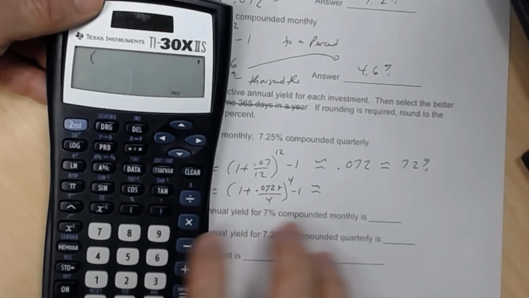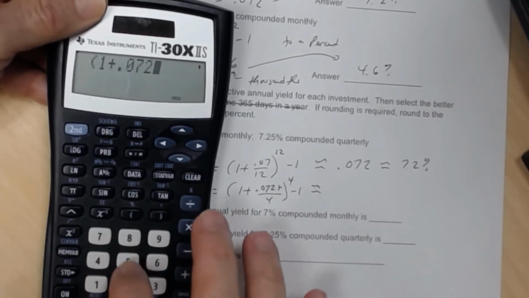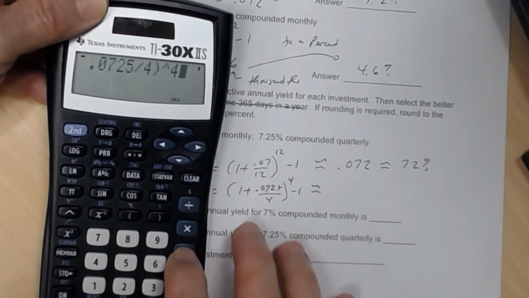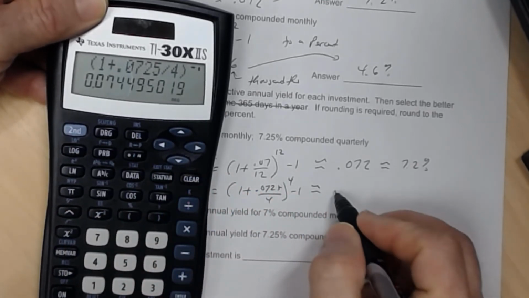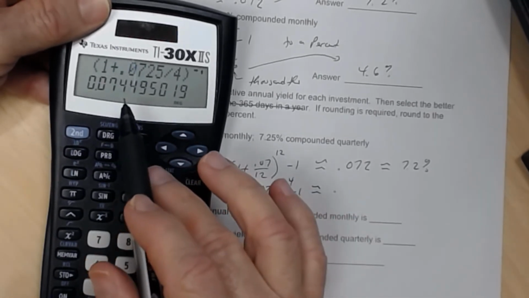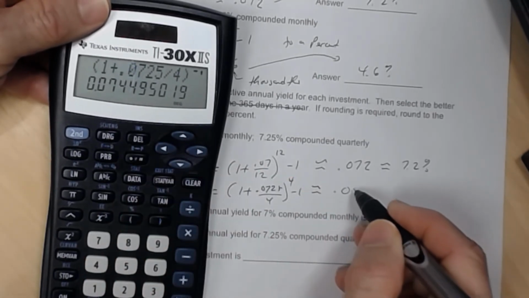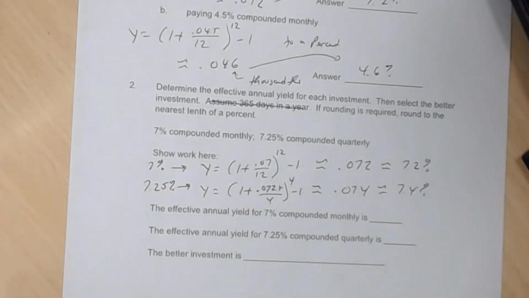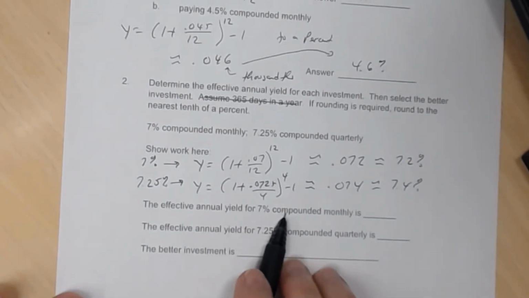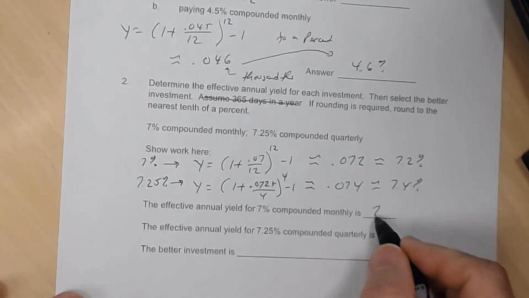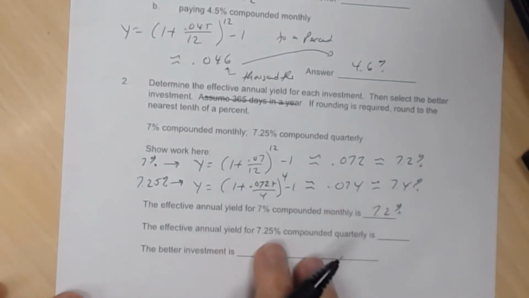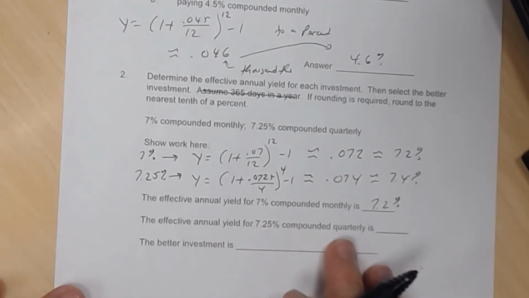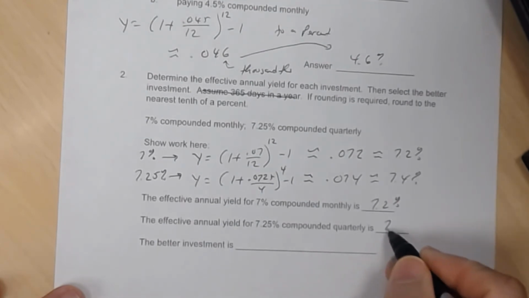So parentheses 1 plus 0.0725 divided by 4, close the parentheses, raised to the fourth power minus 1, equal, to the nearest thousandth, 0.074, which is approximately 7.4%. Okay? So the effective annual yield for 7% compounded monthly is 7.2%. The effective annual yield for 7.25% compounded quarterly is 7.4%.